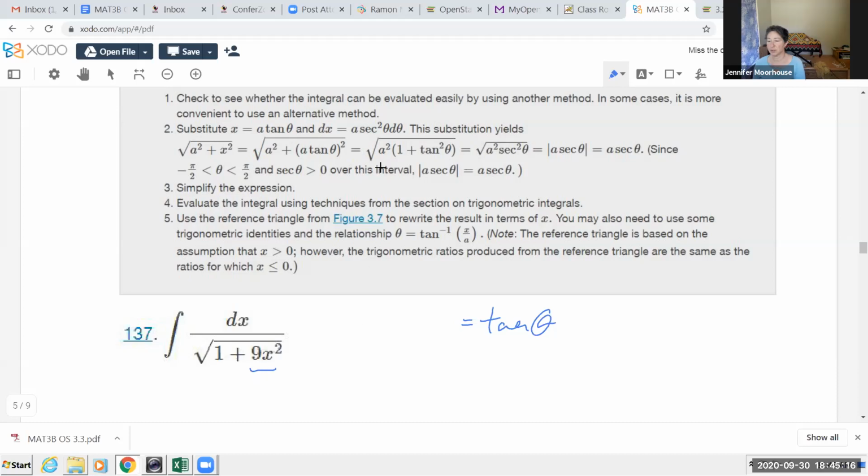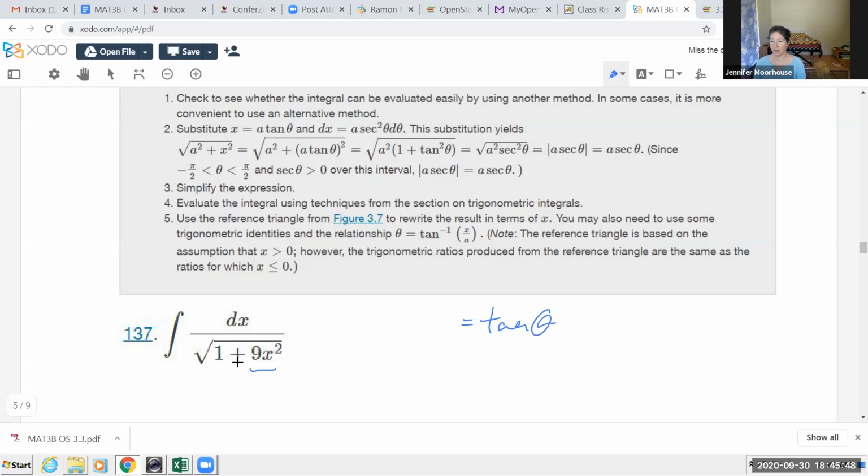So this one's a little bit different than the previous because the x has that constant being multiplied times it, but the idea is still the same, right? When I make the substitution, I want to end up with a 1 plus tan squared.